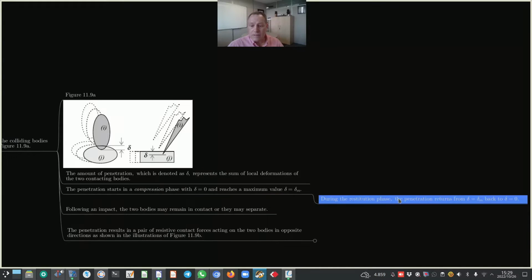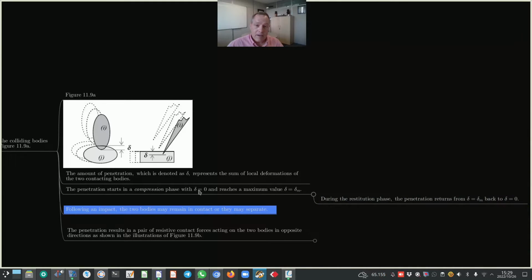During the restitution phase, the deformed bodies return to their undeformed state. During that restitution phase, the penetration returns from delta max back to delta 0.